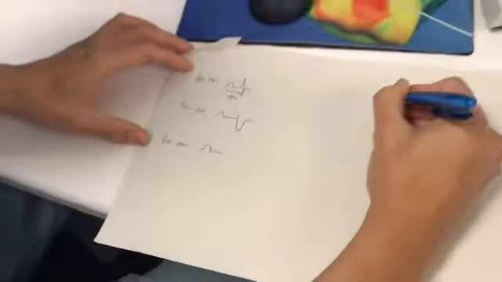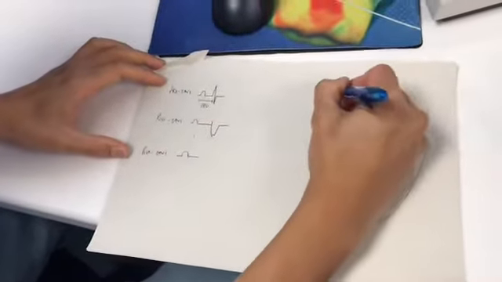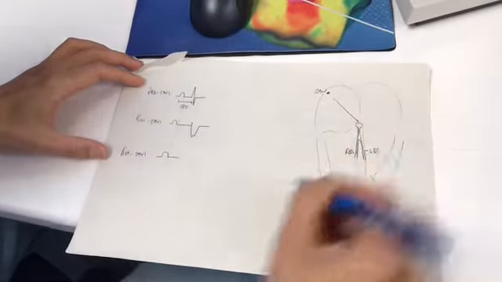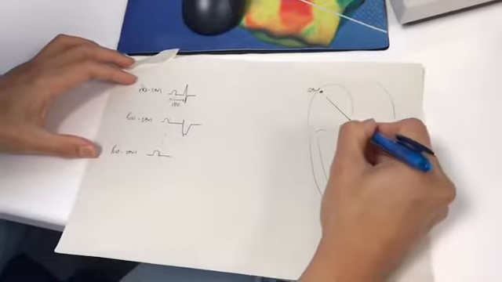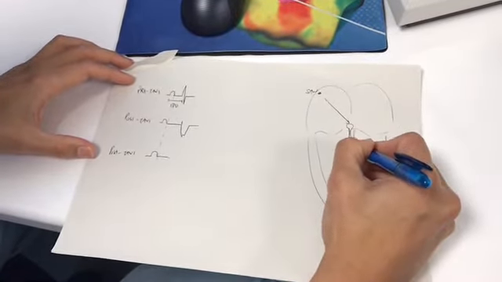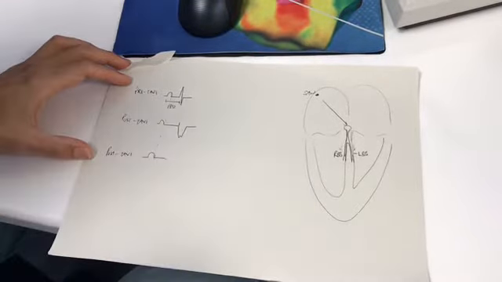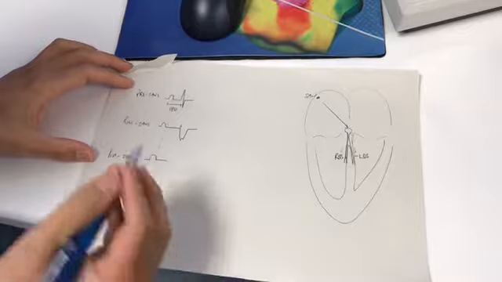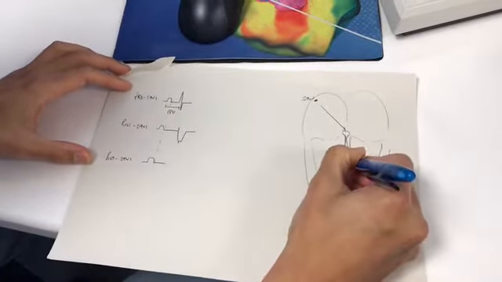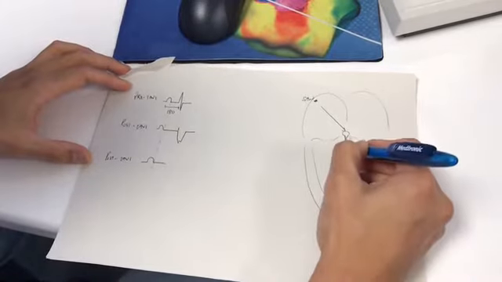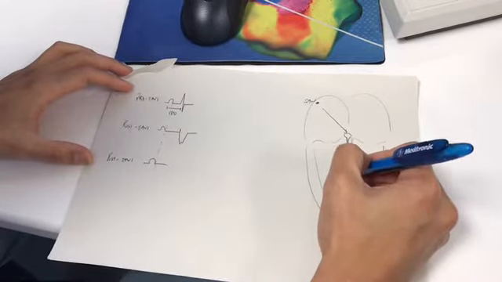We have a P wave originating from the sinoatrial node, which arrives here at both bundles. Now this conducts normally simultaneously through both bundles. Now what does it mean to have a bundle branch block? We think of bundle branch block, in this case left bundle, as the bundle being completely blocked and therefore conduction needing to go entirely down the right bundle.